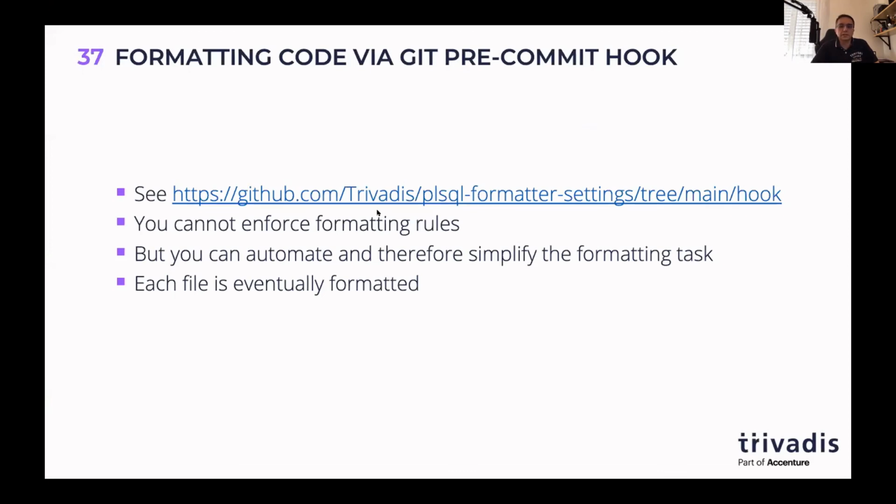Go to this website here, and you see an example you can apply to your Git repo, but you just have to be aware it's really not possible to enforce formatting rules. You first have to agree, and every developer has to agree that they install it in their local repo, and then it can help you to automate this formatting task.